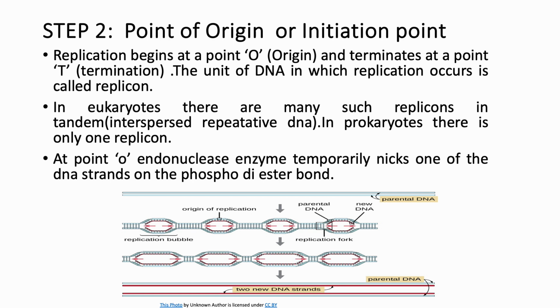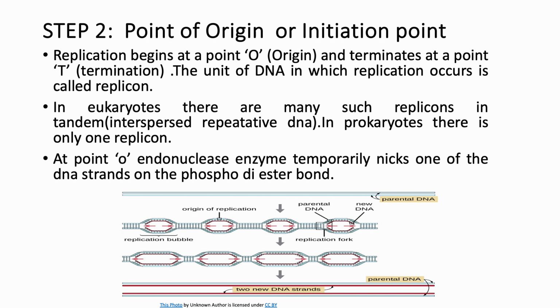Replication begins at a point which is the origin of replication, represented by O, and terminates at a point T. The unit of DNA in which replication occurs is called the replicon. As you can see in the illustration, the point of replication, you can see it as a bulge, where the forking or the unwinding of the DNA has begun.